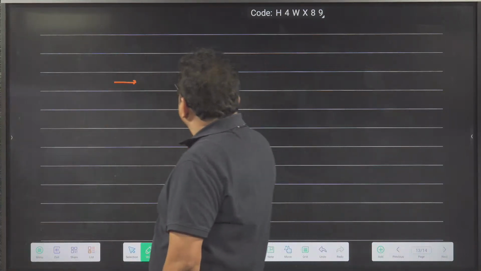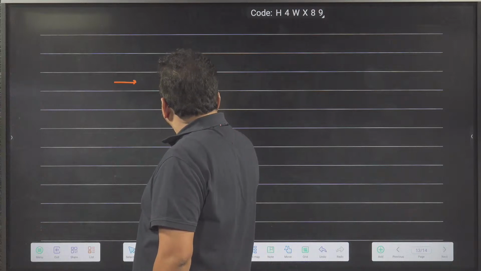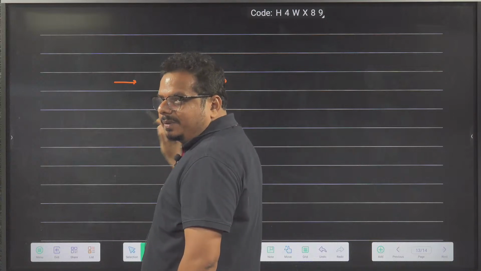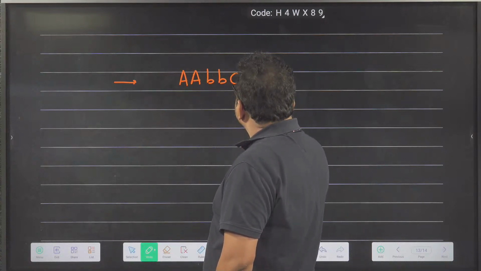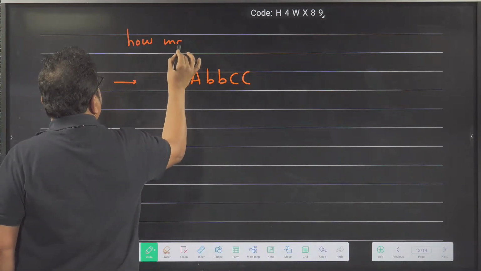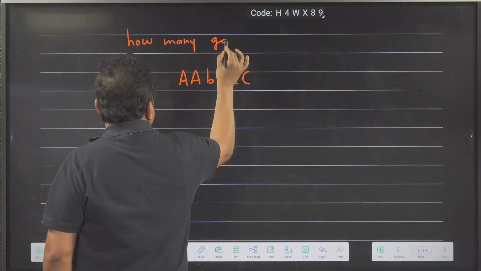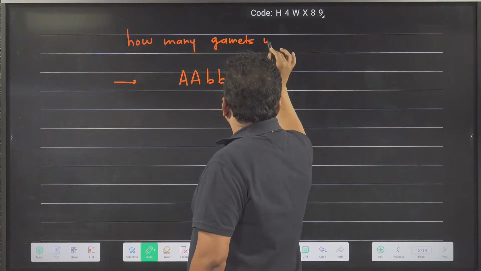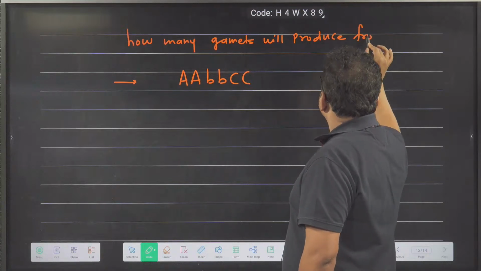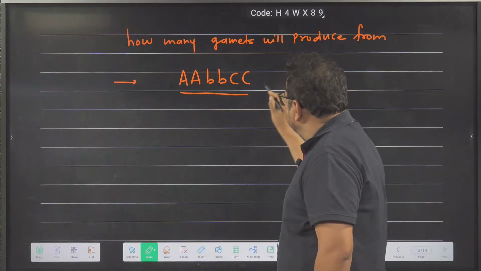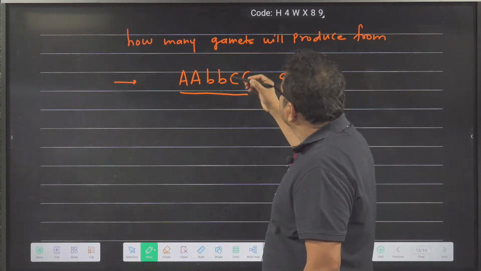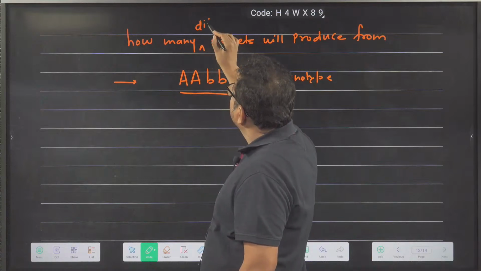So, if I am asking a question, capital A, small v, it is from genetics, principle of inheritance, capital C. I am asking the question, how many gametes will be produced from this genotype, and how many different gametes is the more complete question.